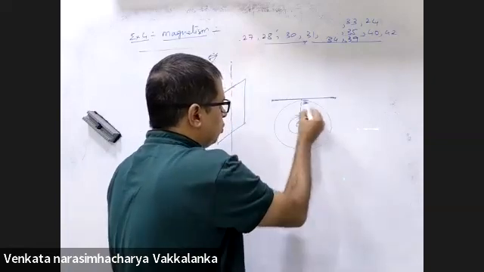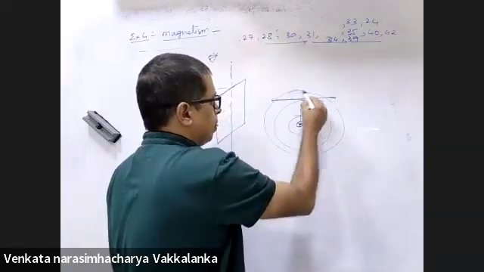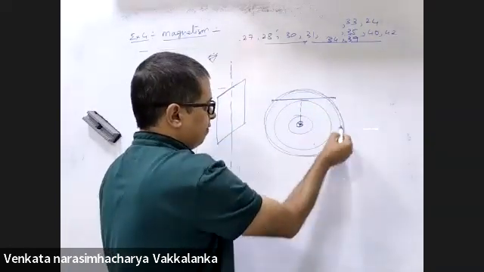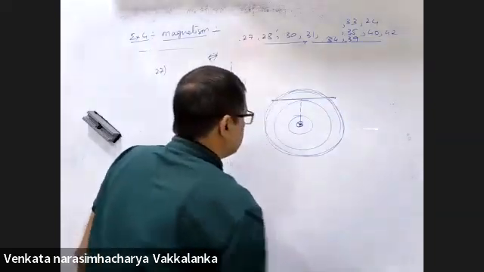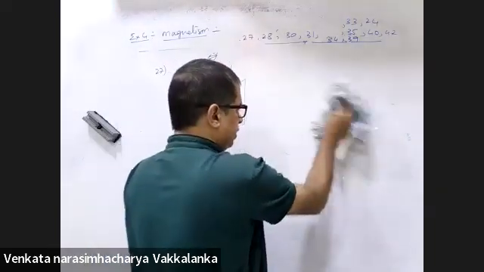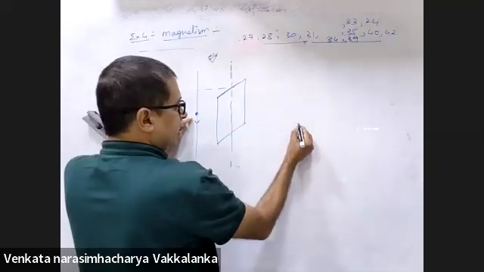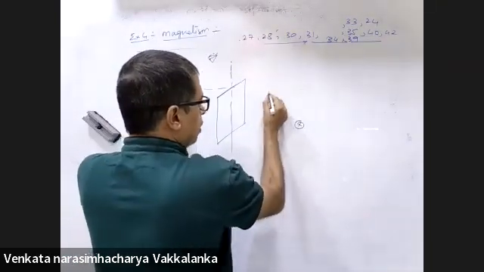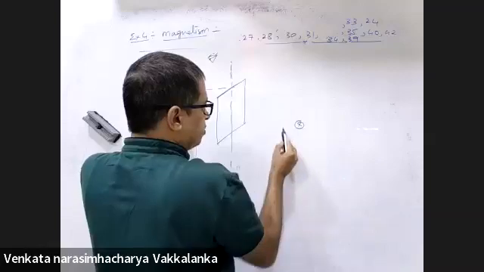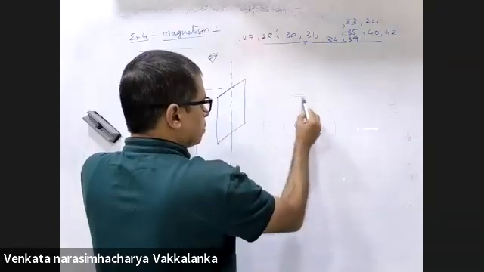Magnetic lines of force will go this way, clockwise. Draw it once again, keeping it clean. Observe this. This wire is a cross, right? I draw magnetic lines of force like this.